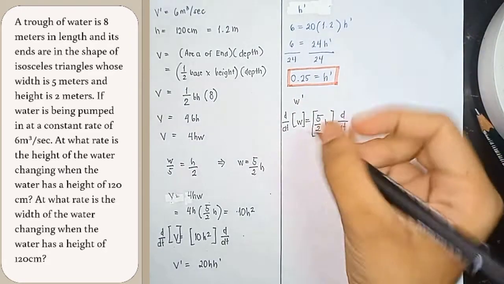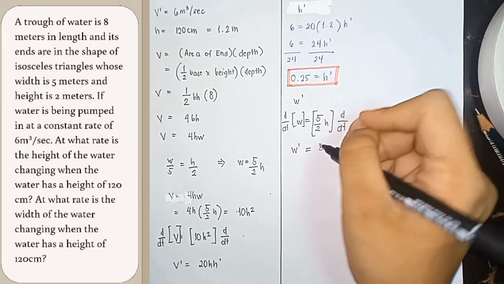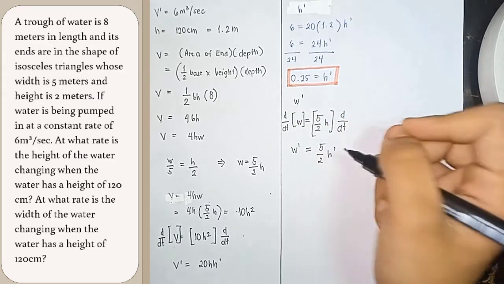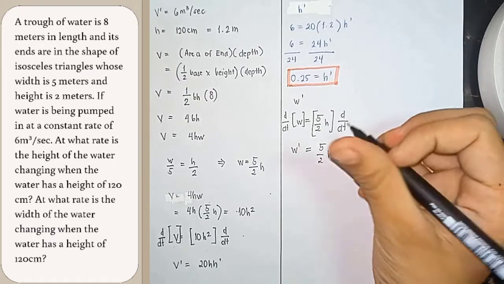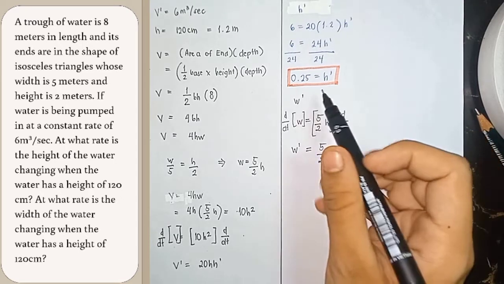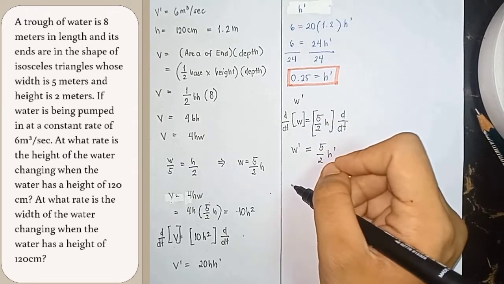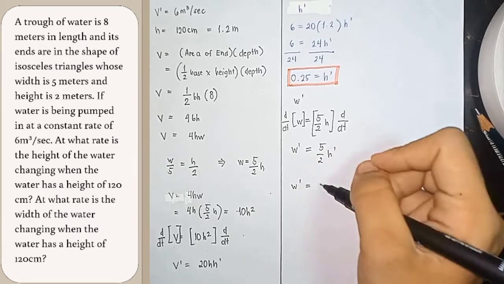So, we will get W prime is equal to 5 halves times h prime. From the first part, we already know the value of h prime, and so all we need to do is plug that into this equation and we will have the answer.